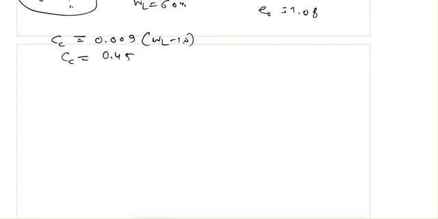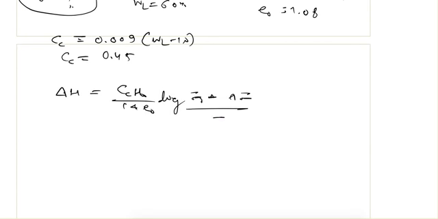Now we can apply the formula, that is delta H is equal to Cc H naught upon 1 plus E naught log of sigma naught plus delta sigma upon sigma naught.